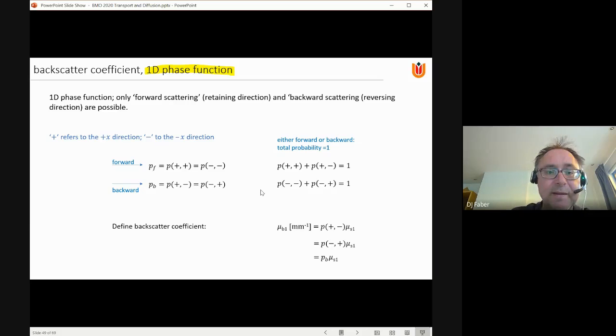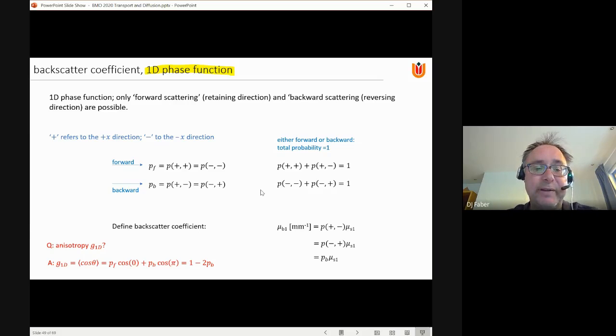We can also calculate the scattering anisotropy for this 1D phase function. So that would be a g_1D, simply by following the definition. The anisotropy is defined as the average cosine, the expectation value of the cosine of the scattering angle.